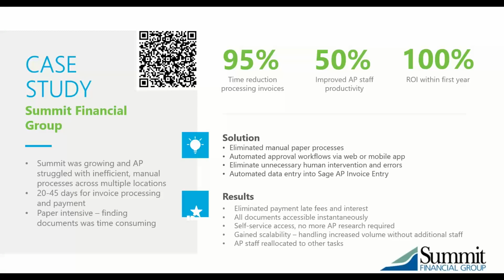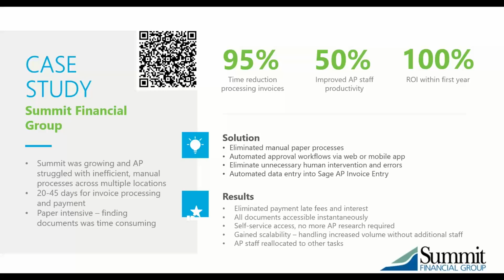I mentioned earlier a current Sage customer, DocLink customer, that has achieved tremendous results. Summit Financial was growing very rapidly, and their accounts payable department was struggling with inefficient and manual processes across multiple locations. They were able to reduce the time that they previously spent processing invoices by as much as 95%.